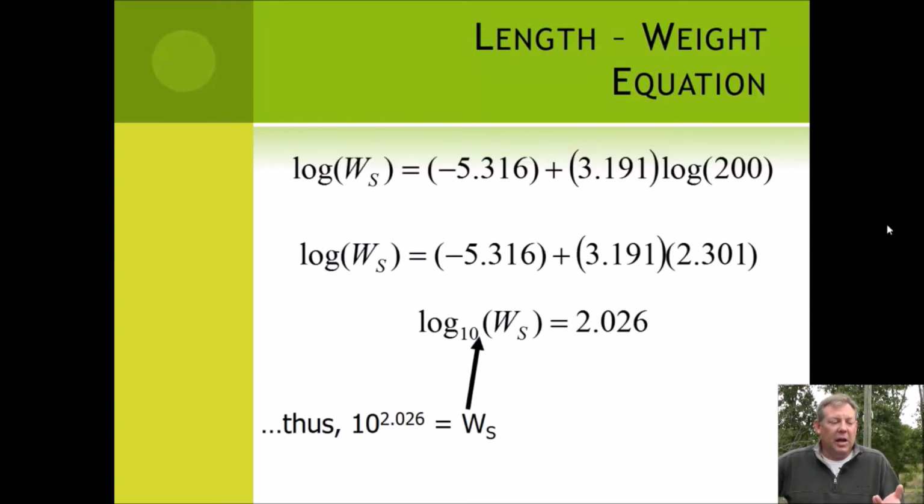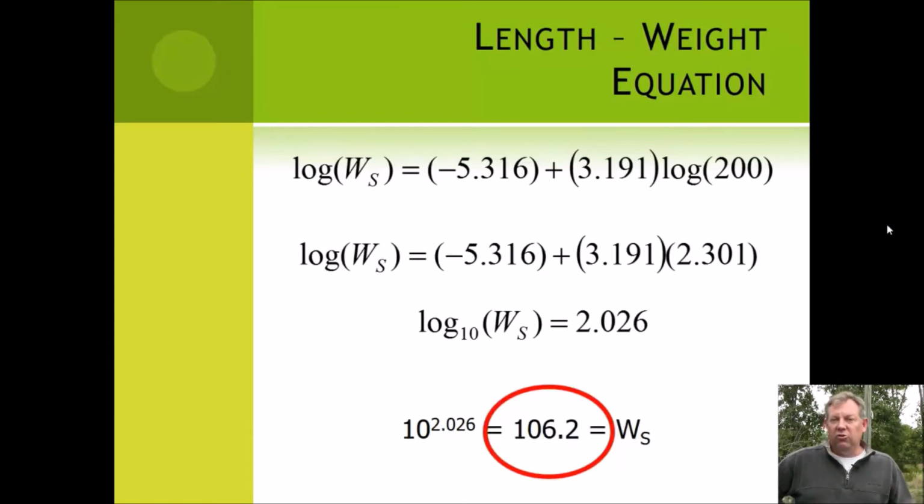But all you have to do in Excel is raise 10 to the power of the value that you have, and that is how you take the anti-log. So in Excel, we would just take 10 and raise it to the 2.026, and that gives us the standard weight, which in this instance is 106.2.